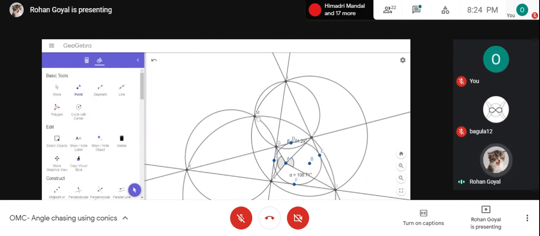Then MG times MI is MH times MJ. That's just the similarity result. But also MA times MB, and GAIB also has M as the Miquel point, and so does HABJ.